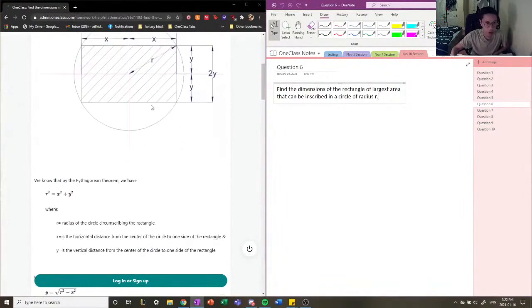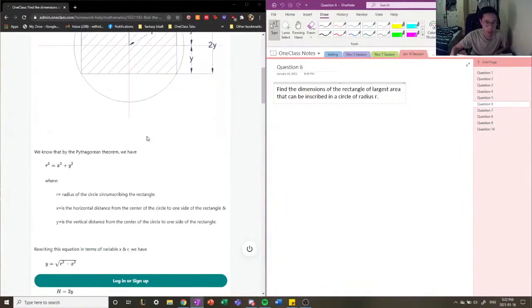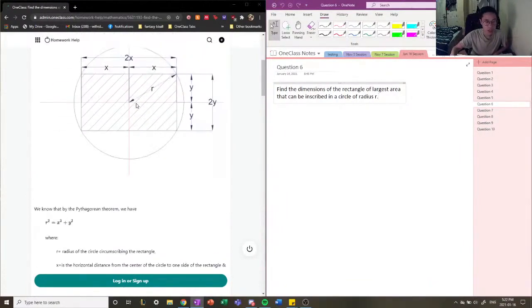Looking at our diagram here, it is very clear that the rectangle has to be touching the circle. That means that the radius is half the diagonal of the rectangle, and the diameter is the full diagonal of the rectangle.